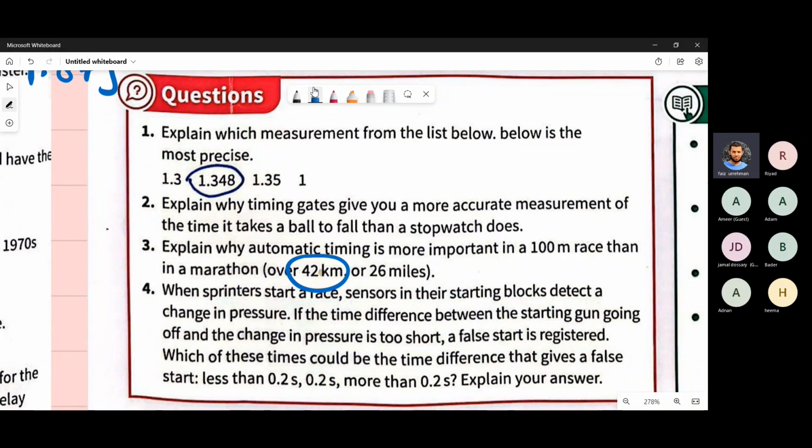Badr, tell me why automatic timing is suitable for the 100 meter race and not for the 42 kilometer marathon. Why?